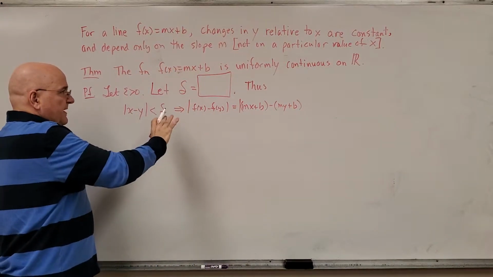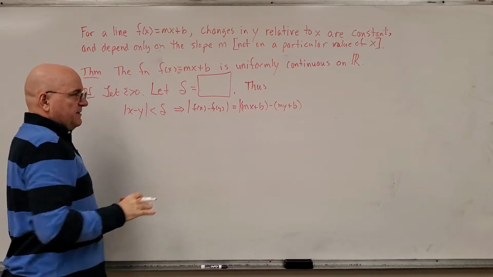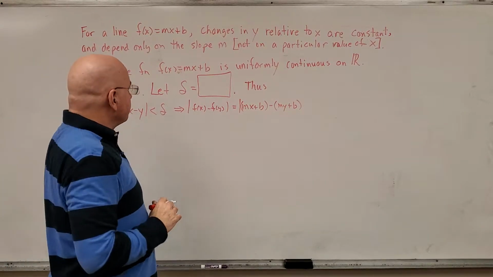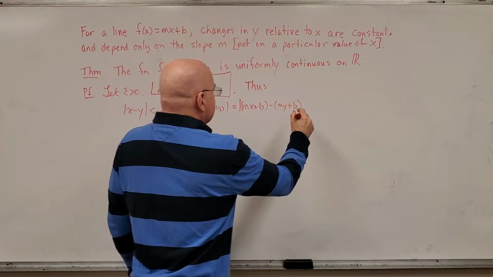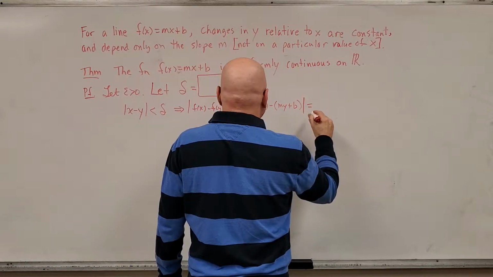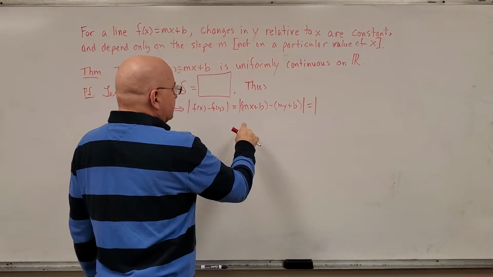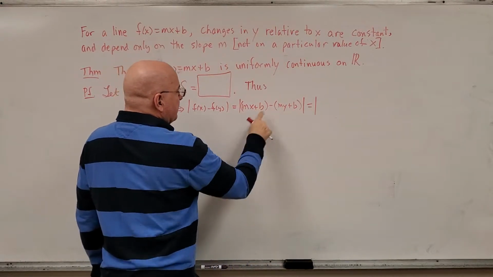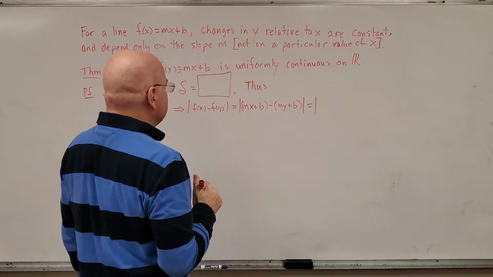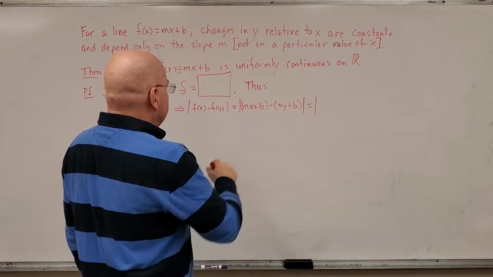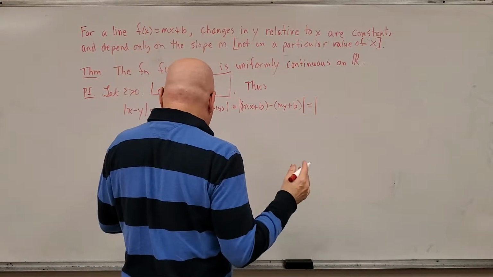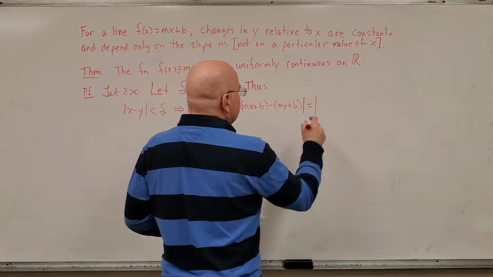And to save some room, I think I'm going to keep going left to right because I've got a little bit more I want to write after this theorem. Oops, absolute value. And what does that simplify to? Well, I can see that the b and the b cancel out. So that's just going to leave me with mx minus my, which I'm going to distribute.